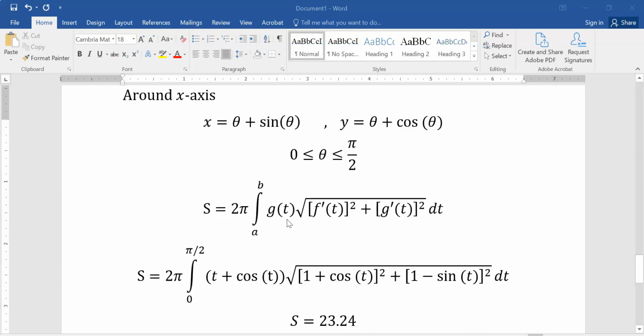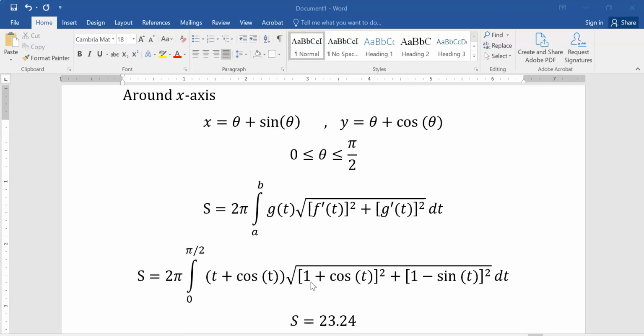So first off, realize that since we're dealing with revolving around the x-axis, we have to have our y value as our g of t. So I put t plus cosine t instead of theta plus cosine theta, times the square root. Now the derivative of x is going to be 1 plus cosine of theta.